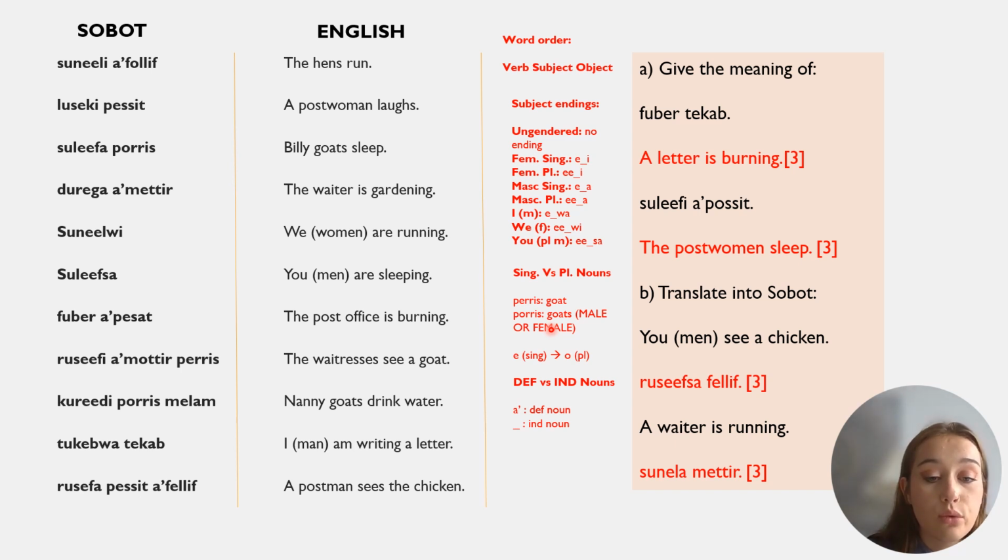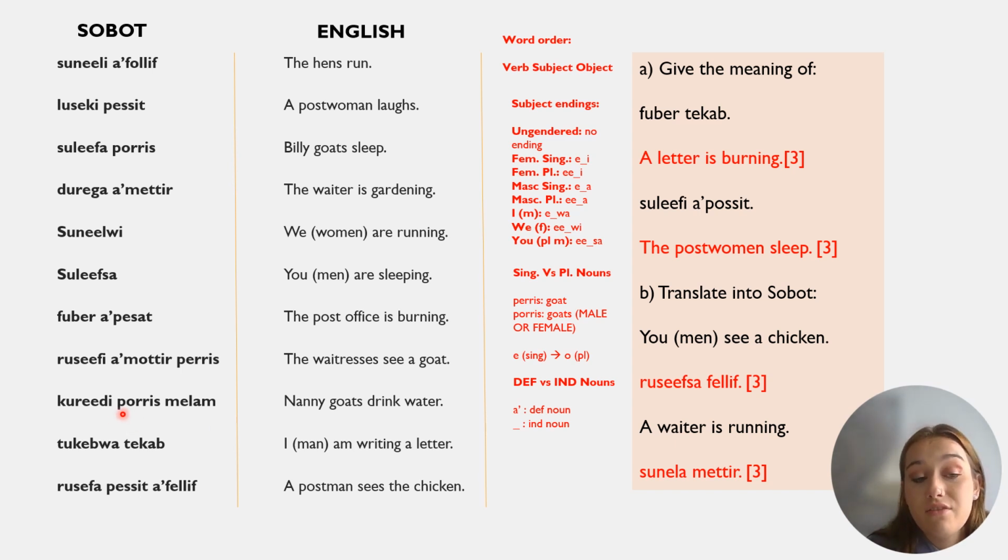So a singular goat is at the waitresses see a goat, so Paris, that's the word for goat. But then if you look at the plural for goats, we've actually got two examples. So we've got billy goats, which is porous, but then we've also got nanny goats here, which is also porous. So it shows that if it's a plural, whether it's male or female, it's going to have the same spelling.